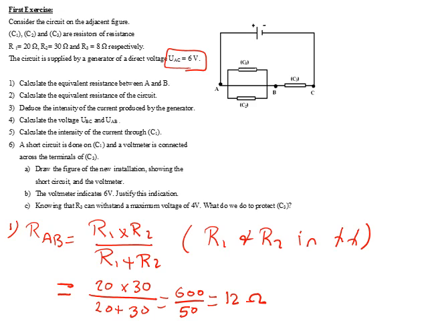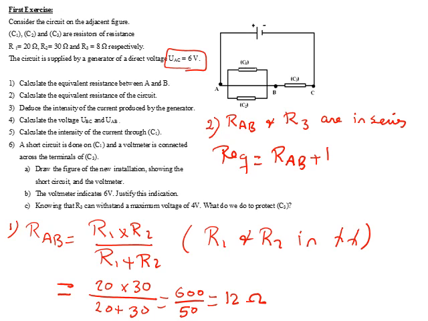Number 2. Calculate the equivalent resistance in the circuit. RAB and R3 are in series. So R equivalent equals RAB plus R3 equals 12 plus 8 equals 20 ohm.